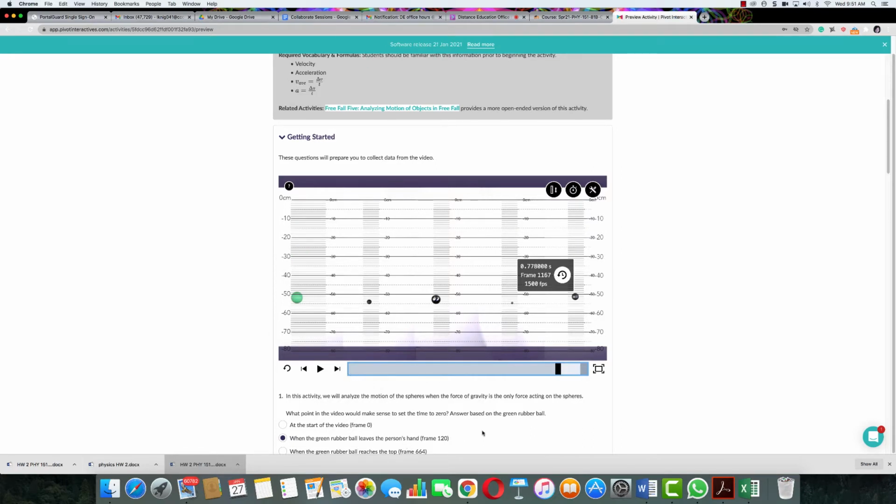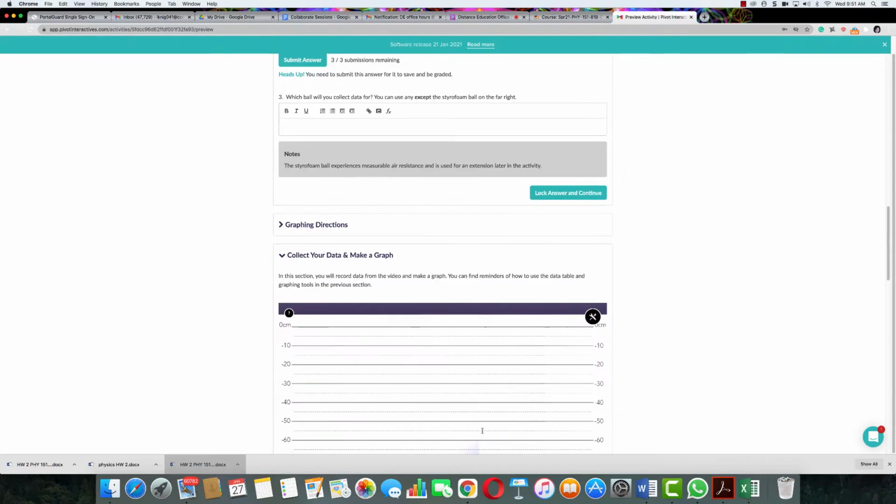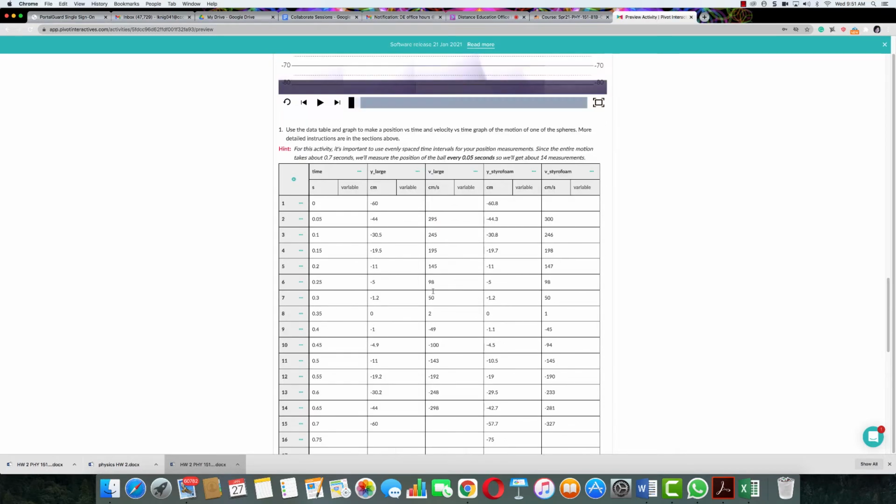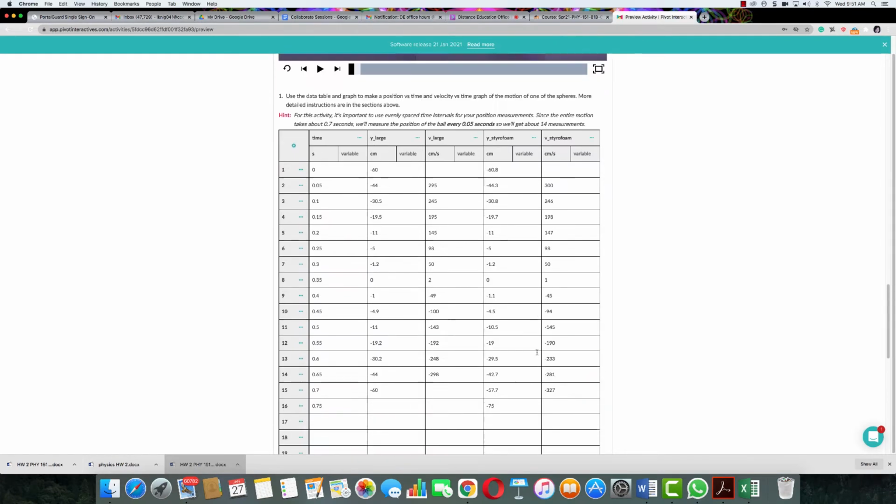Now, when you're done, you're going to have a graph of time versus position. You can also calculate the speed that it was traveling at, and you could have added some speed columns.